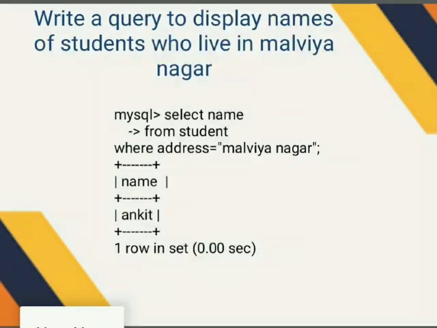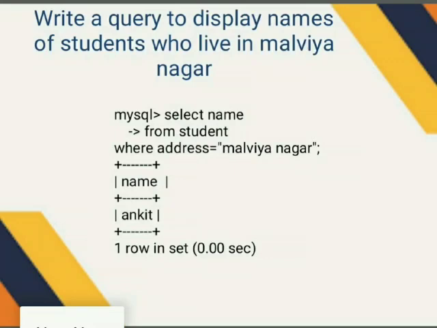So the condition is given. The next query: write a query to display names of students who live in Malviya Nagar. Now I want to display only the names. So what have you written here? Select name. From which table? Student table. So from student. Now we have to again give the condition. The condition is where address is Malviya Nagar.